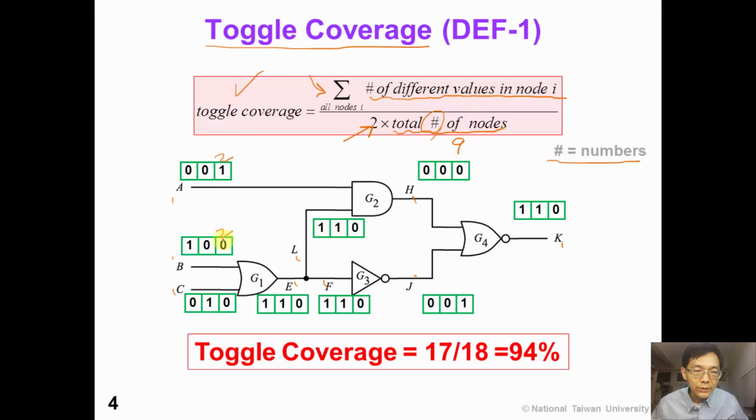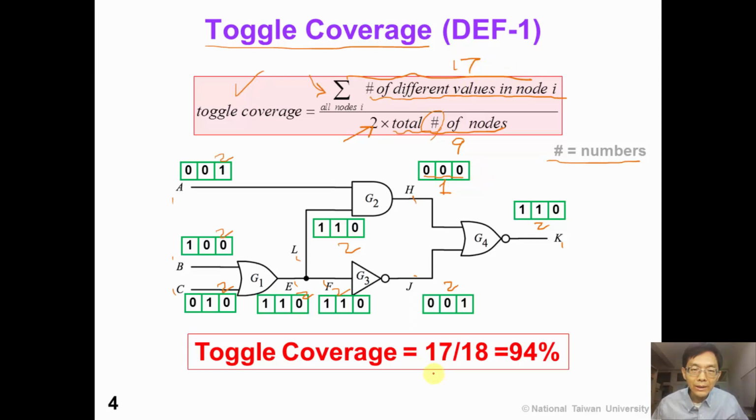For B, we have 0 and 1, so also we have 2 different values. C is 2, E, F, L. But for H, we only have 1 value, which is 0. For J, we have 2, and K, we have 2. So totally, we have 17 different values.